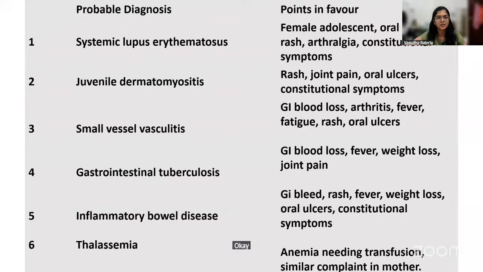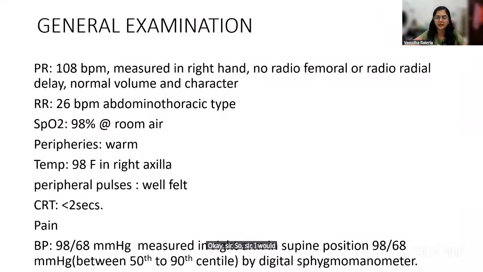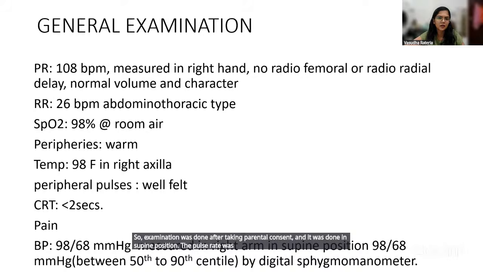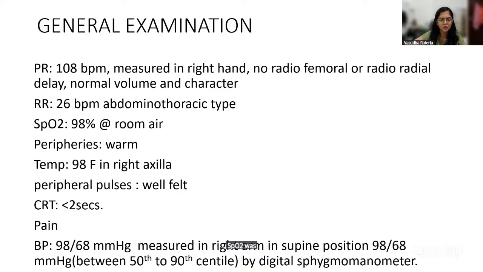Okay, sir. I would like to proceed with the examination. Examination was done after taking parental consent, in supine position. The pulse rate was 108 as measured in the right hand. There was no radio-radial or radiofemoral delay, and it was normal in volume and character. Respiratory rate was 26. SpO2 was 98% on room air. Peripheries were warm.